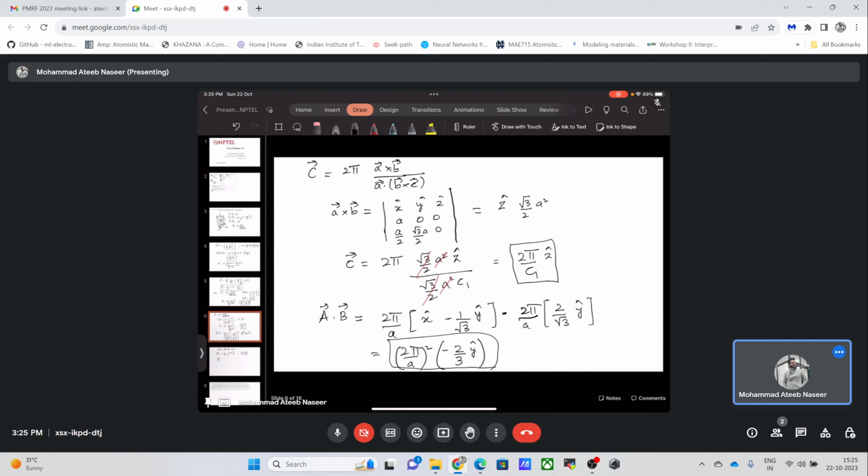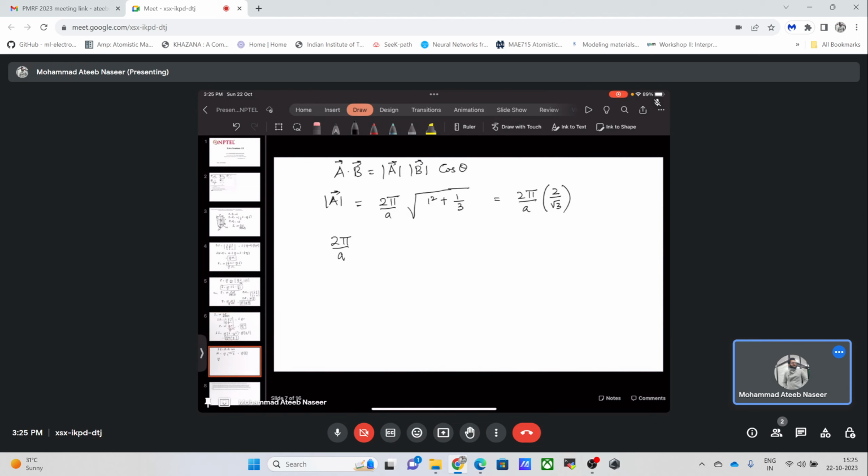It was the dot product, so it is a scalar, minus 2 by 3. Magnitude of a is 2 pi by a times 2 by root 3, and magnitude of b is 2 pi by a times 2 by root 3 times cos theta.